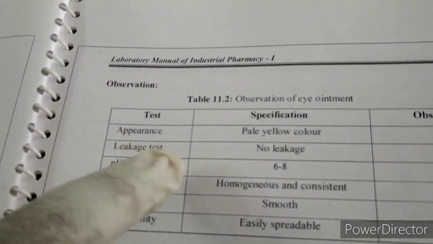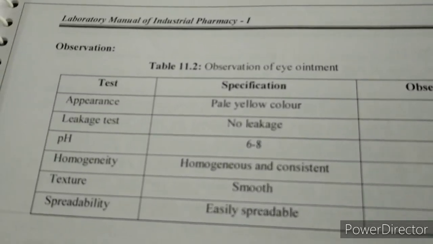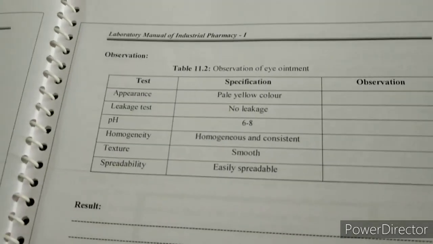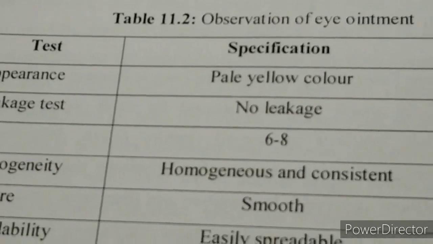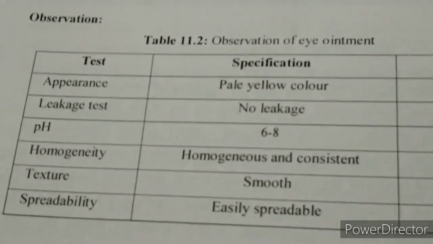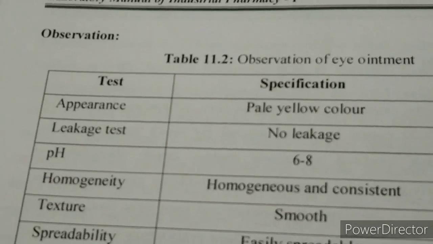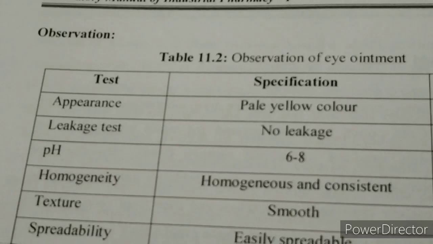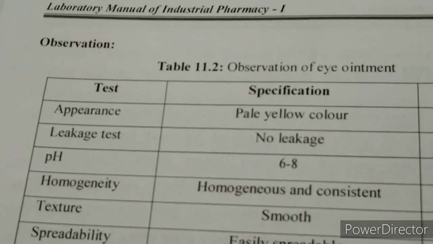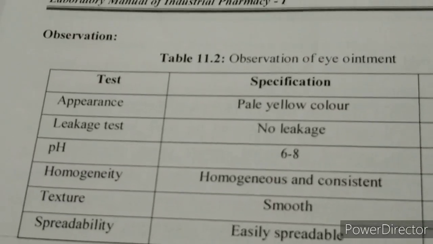See, appearance standard specification is pale yellow color. Why is the color pale yellow? Because in formulation, yellow soft paraffin is included, and therefore a yellowish shade is there. Then leakage test, there should be no leakage. After filling, we will do that leakage test. Then pH of formulation is between 6 to 8 or specifically 7.4.